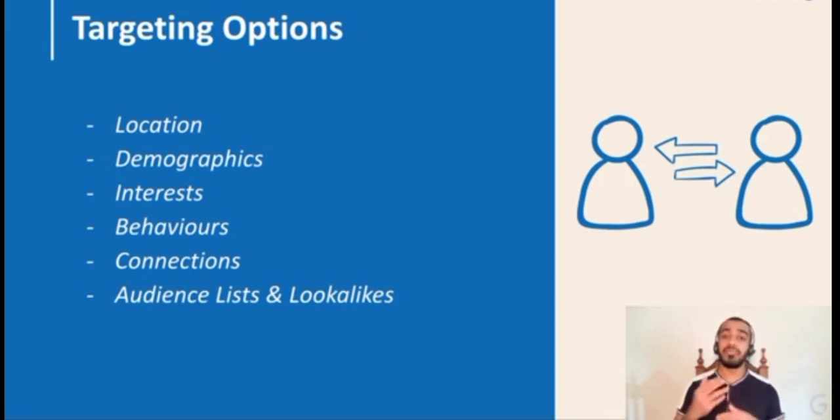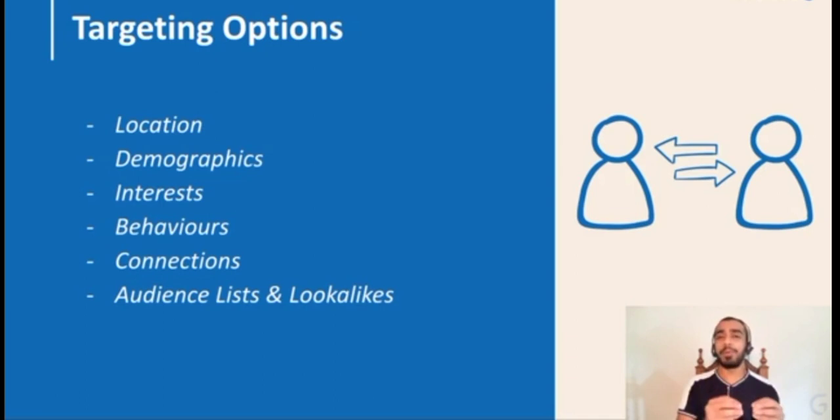Within lookalikes, there are different options. Lookalike is separated out from 1 to 10%. What this means is that lookalike 1% would be audiences that match closest to your audience list. As this goes to 10%, the audience range widens. So say you give Facebook a list of audiences. You tell Facebook that these are the people who bought shoes from me, and you want to find a lookalike of that audience.